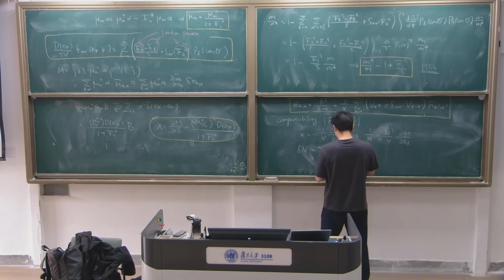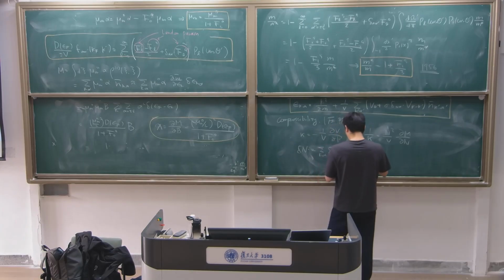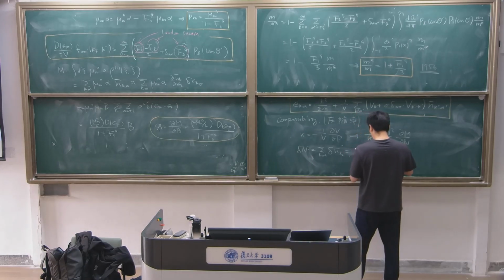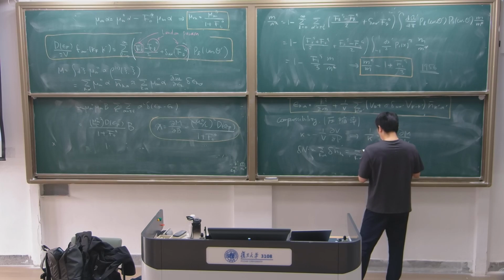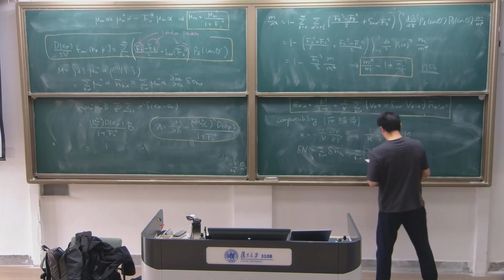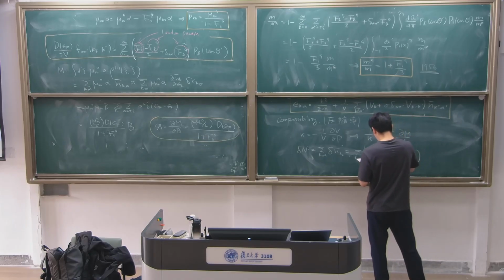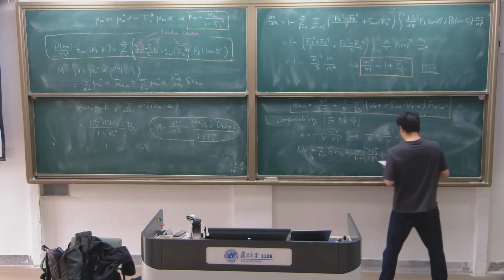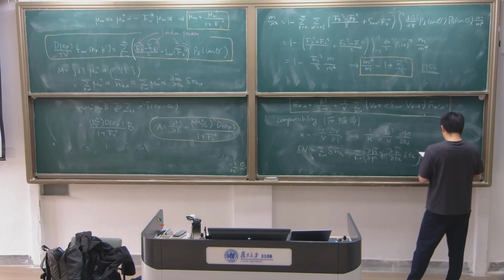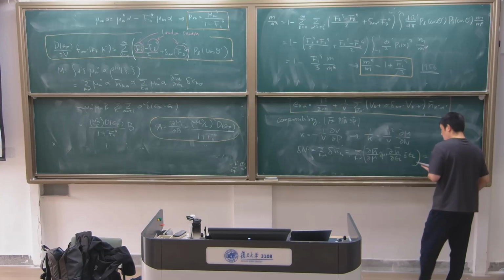And this is equal to sum over k of del n bar del mu plus del n bar del epsilon k del epsilon k, plus, and this is equal to sum over k, like this.